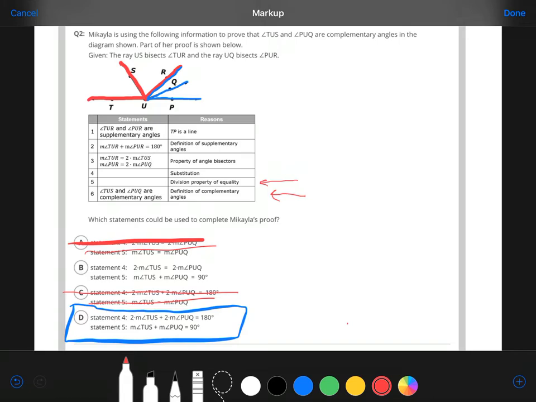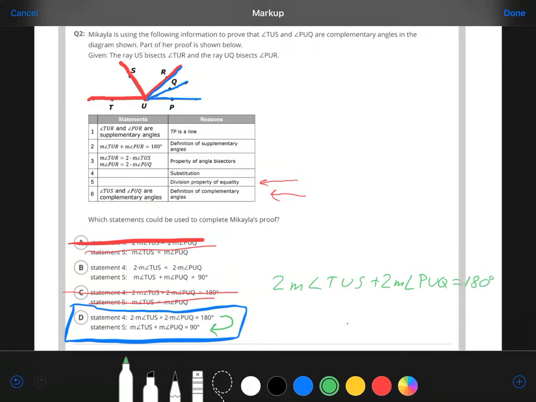Now, the reason it's option D is because you can use algebra to go from statement 4 to statement 5. So from statement 4 to statement 5, we have 2 times the measure of angle TUS plus 2 times the measure of angle PUQ is equal to 180.